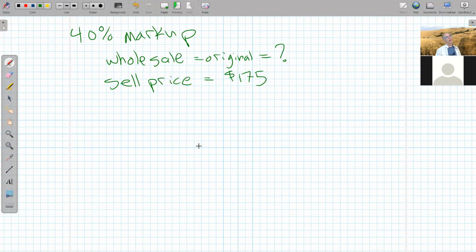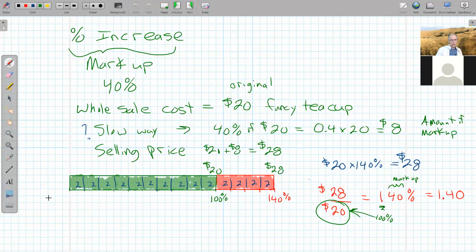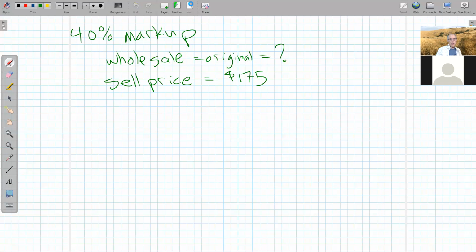So what I want you to do right here is draw a picture of this, like this picture right here. So set up your picture for this. 40% markup. Selling price ends up being the 175. We want to use the picture to figure out what the original price is.